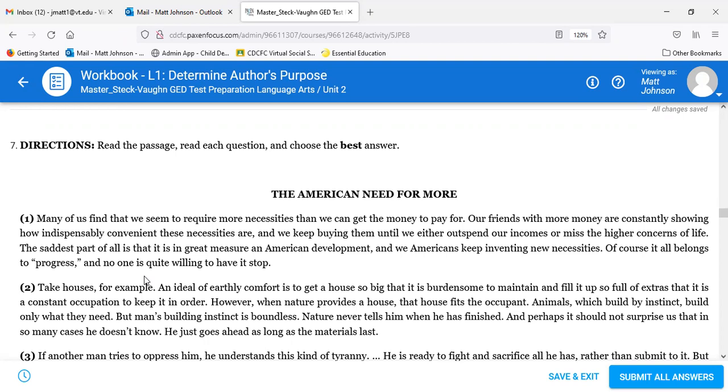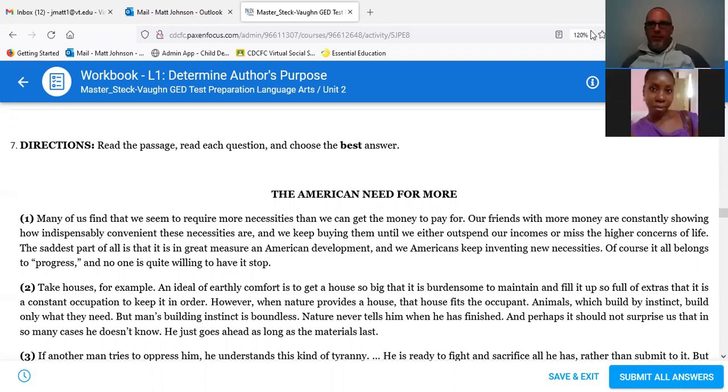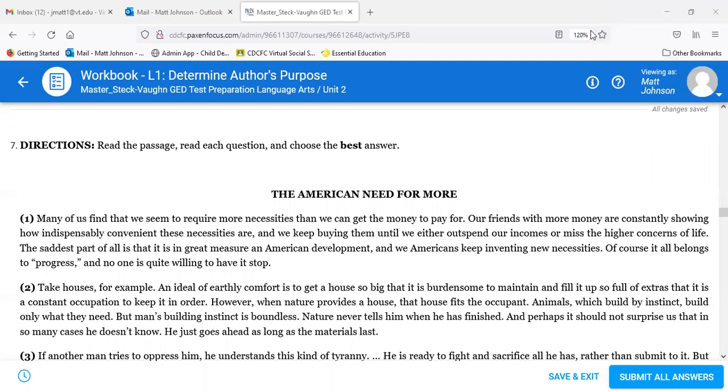Our friends with more money are constantly showing how indispensably convenient these necessities are, and we keep buying them until we either outspend our incomes or miss the higher concern of life.